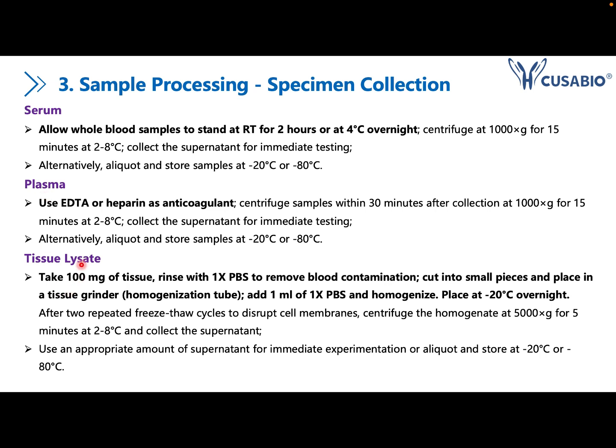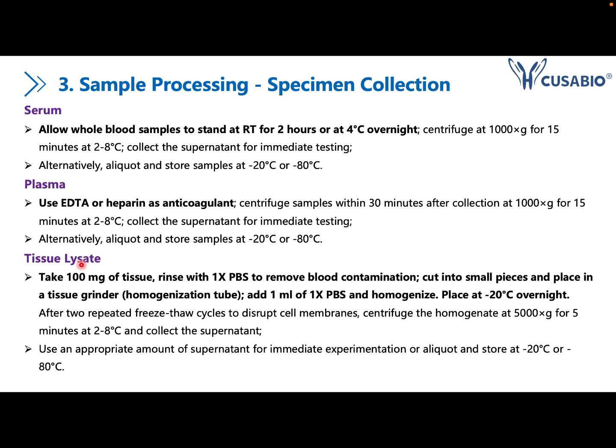And for the tissue lysate, it's a different thing. Tissue is usually a solid piece. You can take 100 milligrams of the tissue sample and rinse with 1x PBS to remove blood contamination. For a large piece, please cut it into small pieces and place them into the tissue grinder.